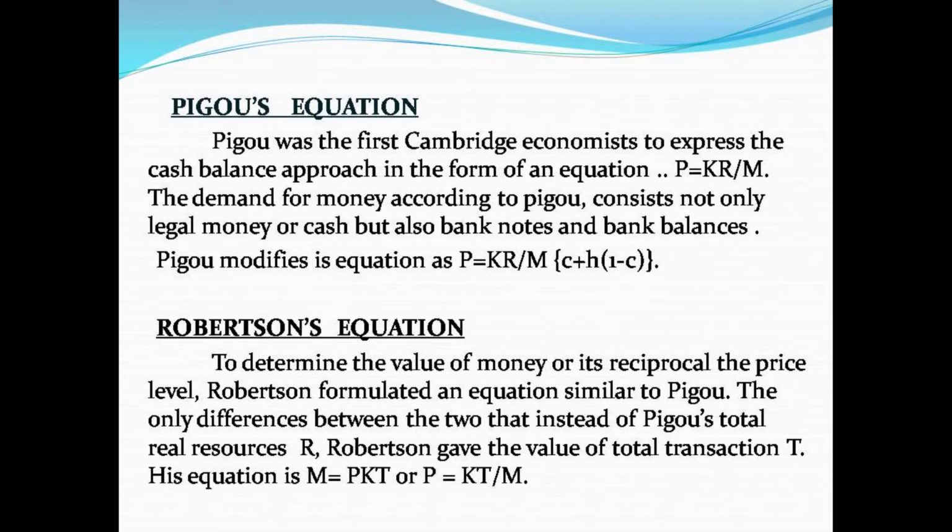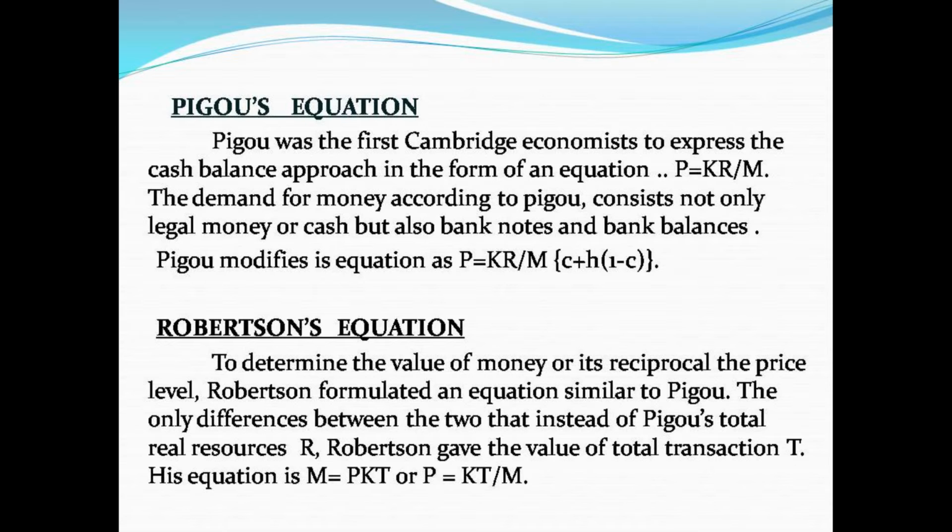In order to include bank notes and bank balances in the demand for money, Pigou modifies the equation P = KR/M into P = KR/M [C + H(1 - C)], where C is the proportion of total real income actually held by people in legal tender including token coins. 1 - C is the proportion kept in bank notes and bank balances, and H is the proportion of actual legal tender that bankers keep against the notes and balances held by their customers.